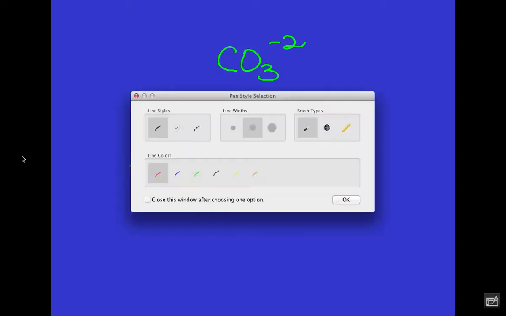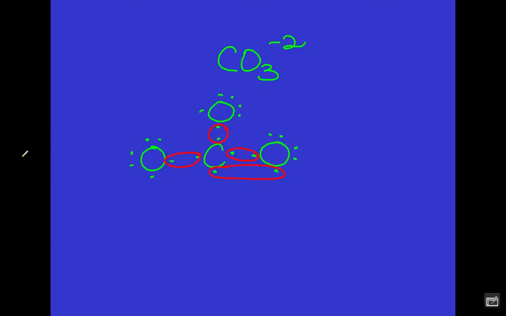The result is that the carbon is stable: 1, 2, 3, 4, 5, 6, 7, 8. This oxygen is also stable. The 2 here, 4, and then the ones in the red circles, 5, 6, 7, 8.